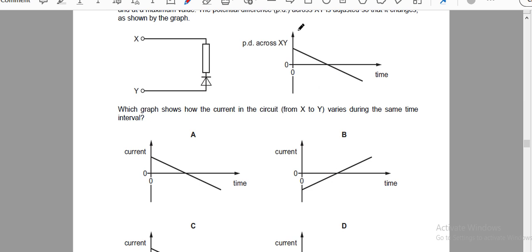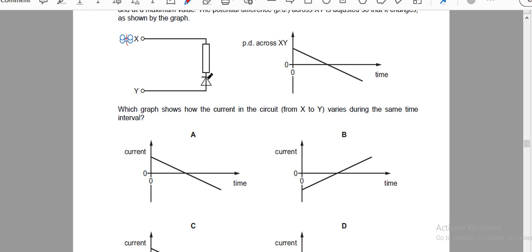So we have here the VT graph for this circuit, and we need to know the IT graph. As X is initially positive, we do not expect the current to flow in this circuit because we have here the diode in a reverse biased connection, so it opens the circuit.